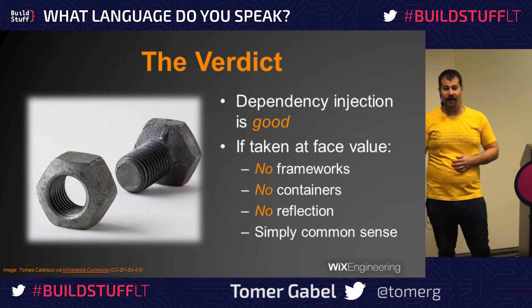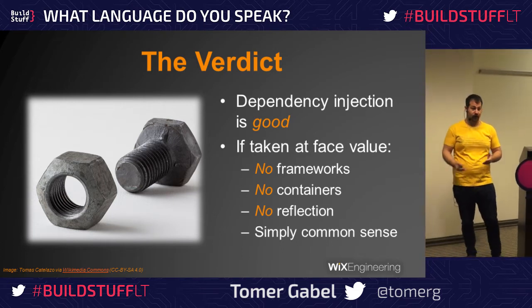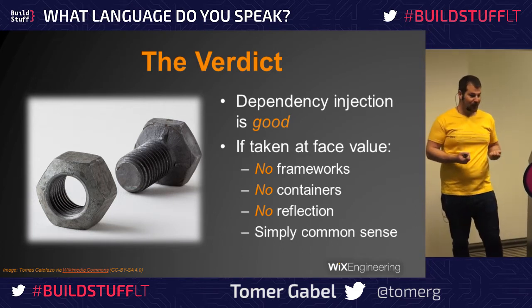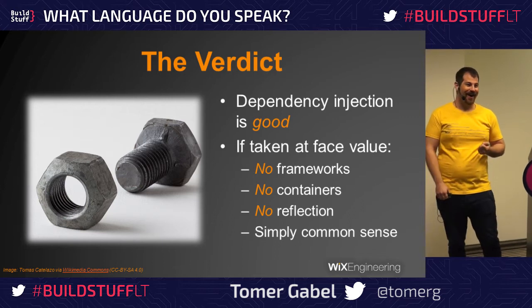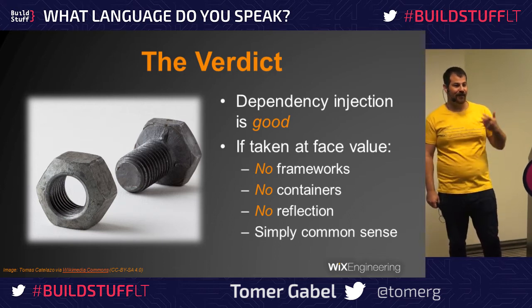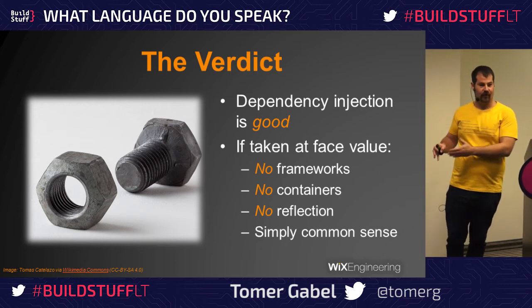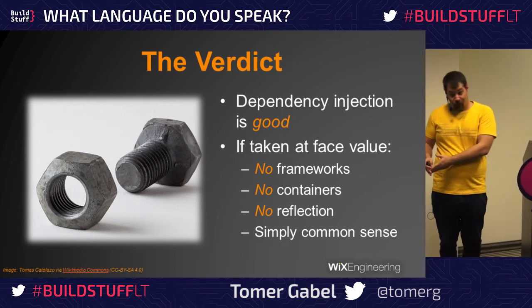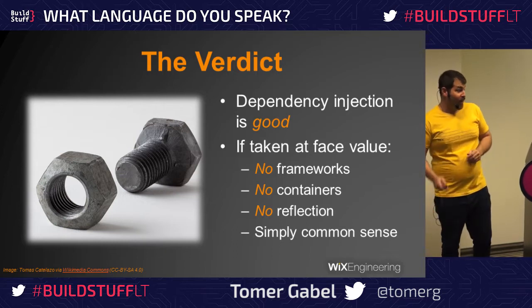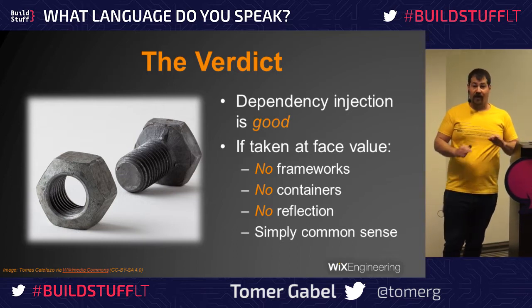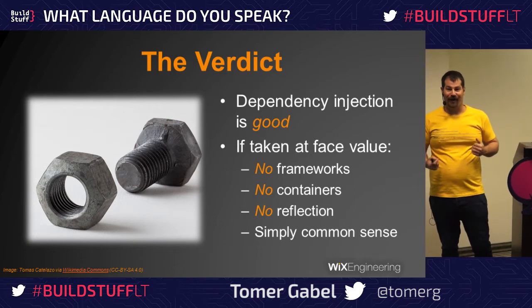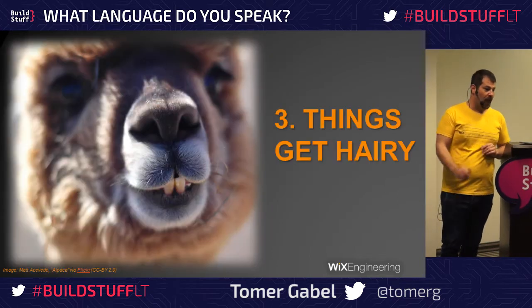If you don't throw in a whole bunch of infrastructure to help you deal with it, it's actually a remarkably uncontested notion in software engineering. Probably no one is going to argue that this is a good idea. And if they do, I'd love to argue with them. Simply common sense. Any questions so far? Any objections? I don't see any fingers in the air, so let's assume we're all good.